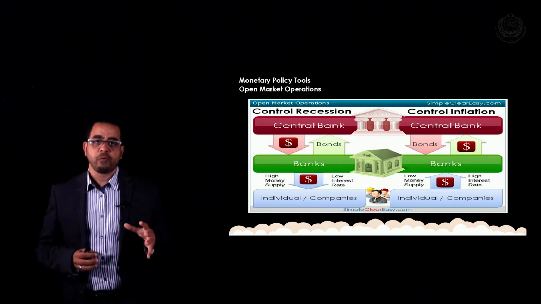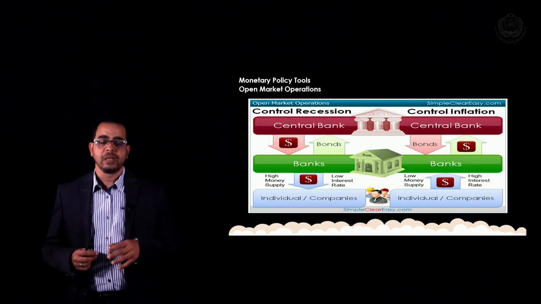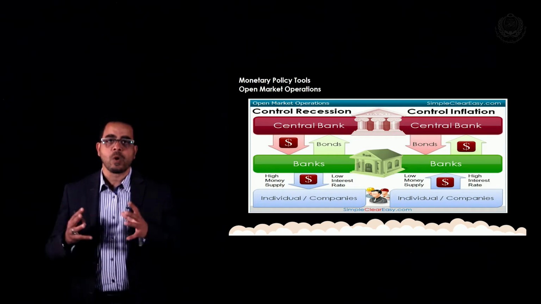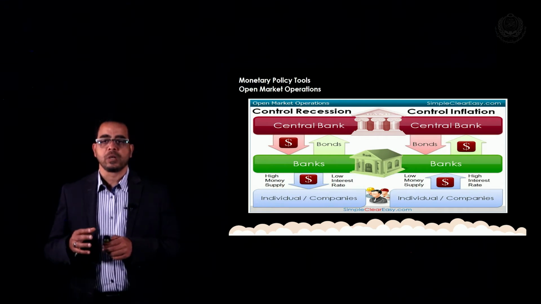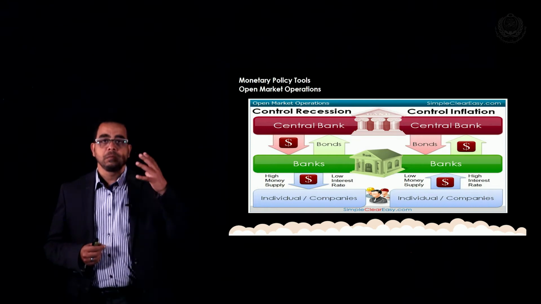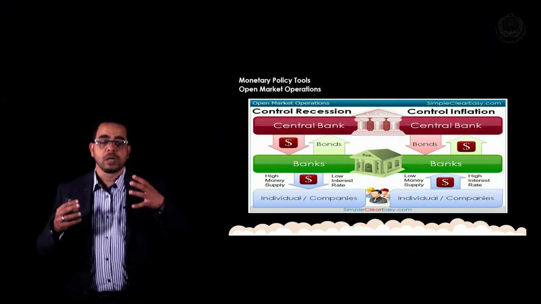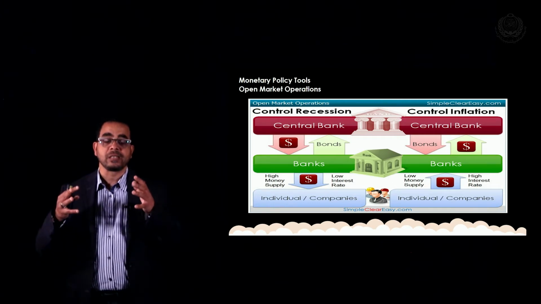On the other hand, if we have inflation and high prices, with the economy overheating, we want to decrease the quantity of money in the economy. So the central bank will start playing the role of a seller. It will offer extra bonds, so people will buy the bonds and the central bank will collect the money.